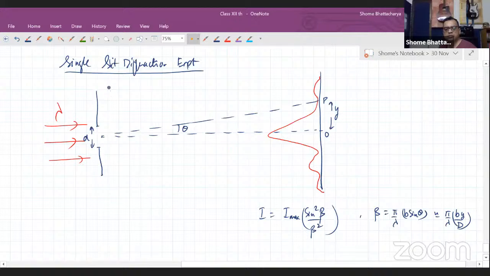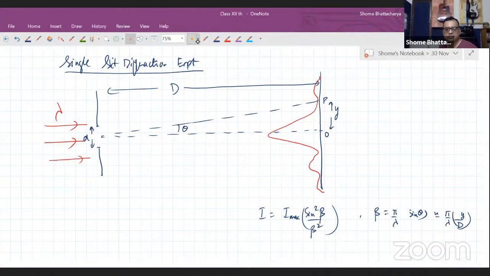Sorry, this should be a instead of b, the slit width basically. So this was the thing.